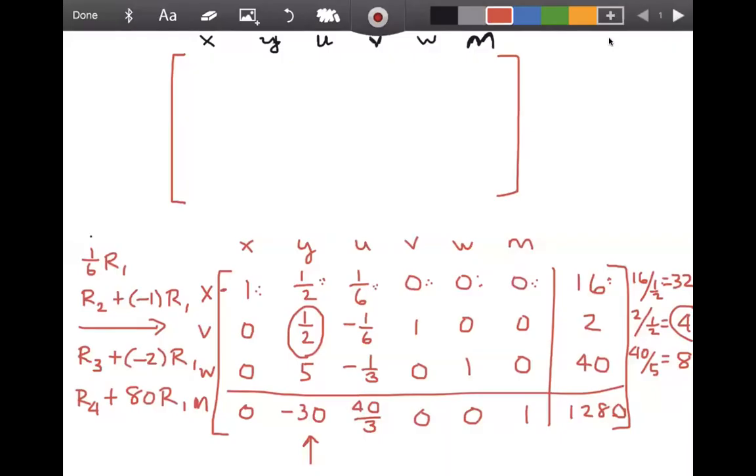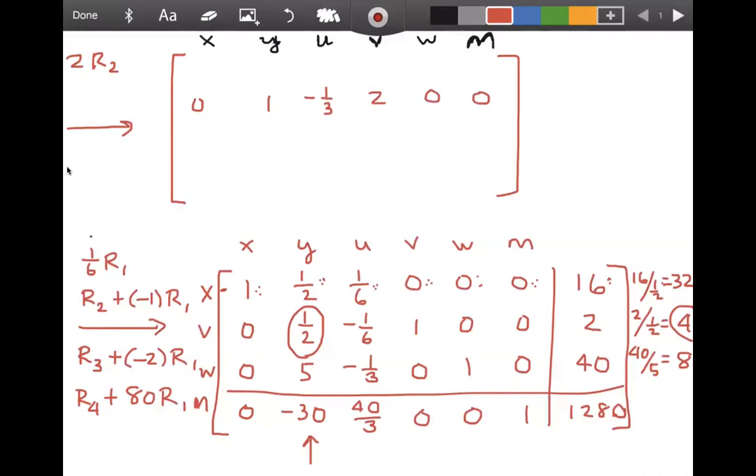All right, so we're ready to do our next pivot. So the first thing we have to do is multiply row 2 by 2 in order to change that 1/2 into a 1. Okay, so that's going to look like 0, 1. 2 times negative 1/6 is negative 1/3. 2 times 1 is 2. 2 times 0 is 0. 2 times 0 is 0.